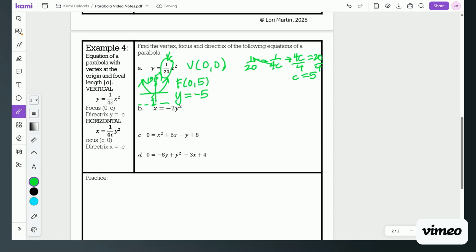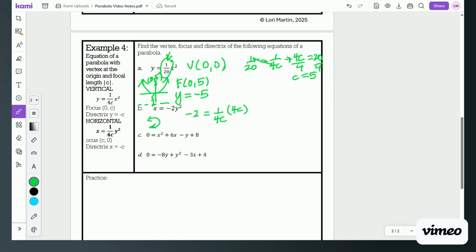All right, then x equals negative 2y squared, so I know this one is going to open to the left because it's x equals instead of y equals, and then it's negative, so opening to the left. I'm going to do the same thing that I did over here. Negative 2 equals 1 over 4c. I'm going to get rid of the 4c off the bottom.